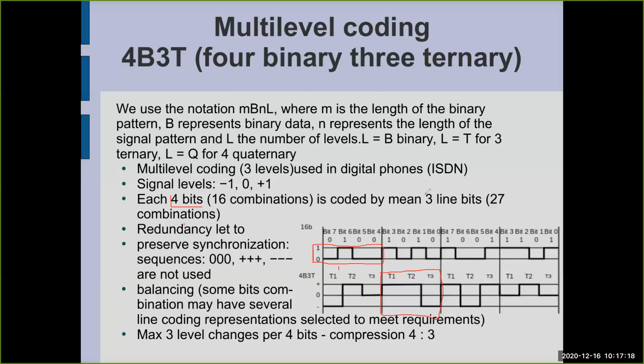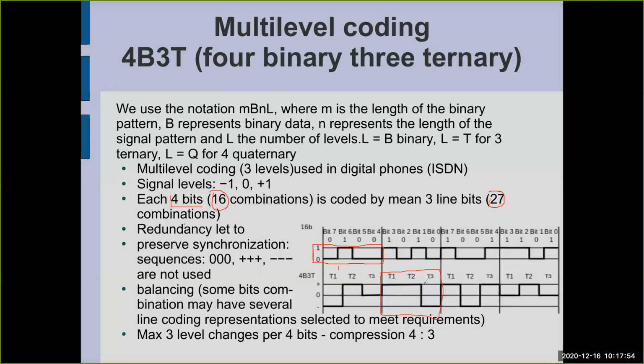Look, I have 3 line bits, 3 levels, so it gives me 27 different combinations. So I have more combinations than the number of groups I have to encode. Therefore, I can reject line bits which are equal to 0, or constantly equal to V plus, or constantly equal to V minus.